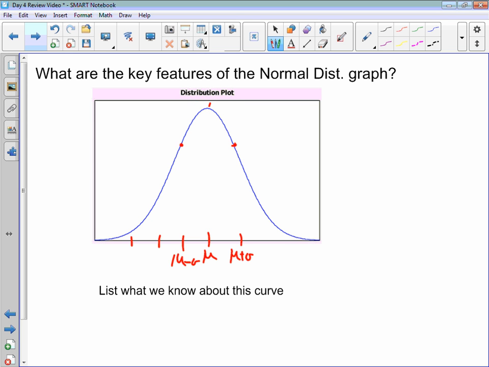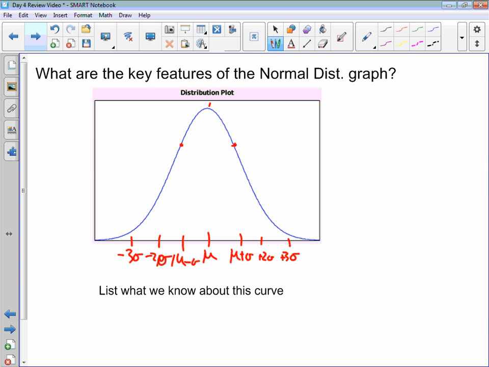And then we can also mark off approximately minus 2 sigma and minus 3 sigma and plus 2 sigma and plus 3 sigma. And those are the points that are there. So what do we know about the curve? Those are the key features of it.